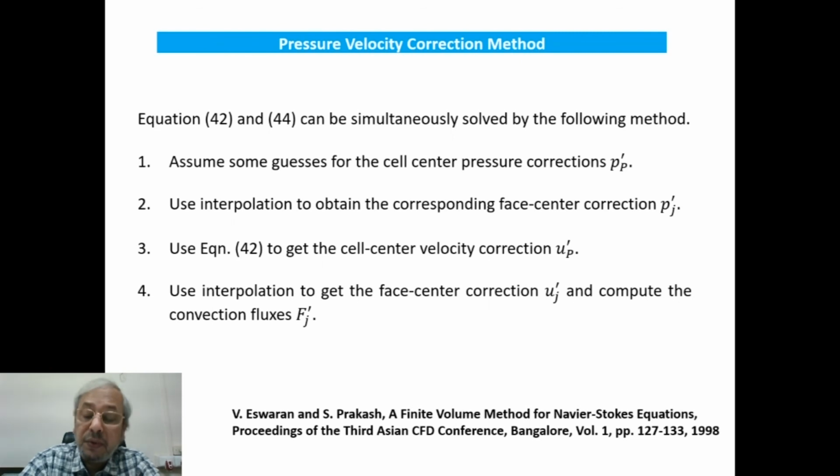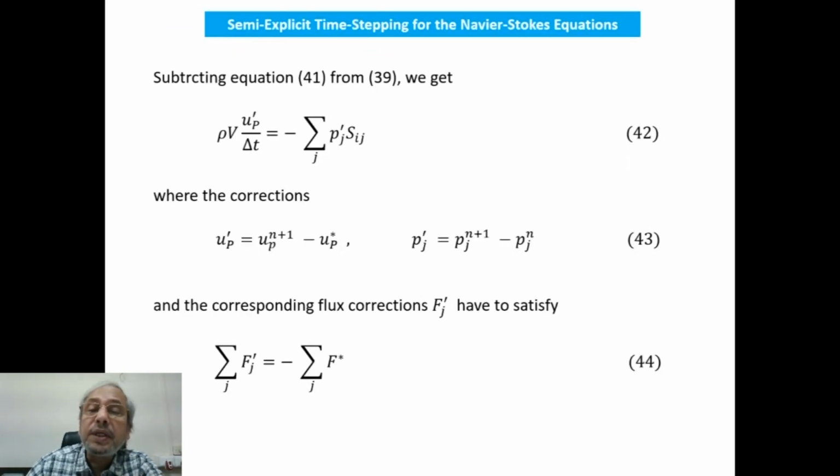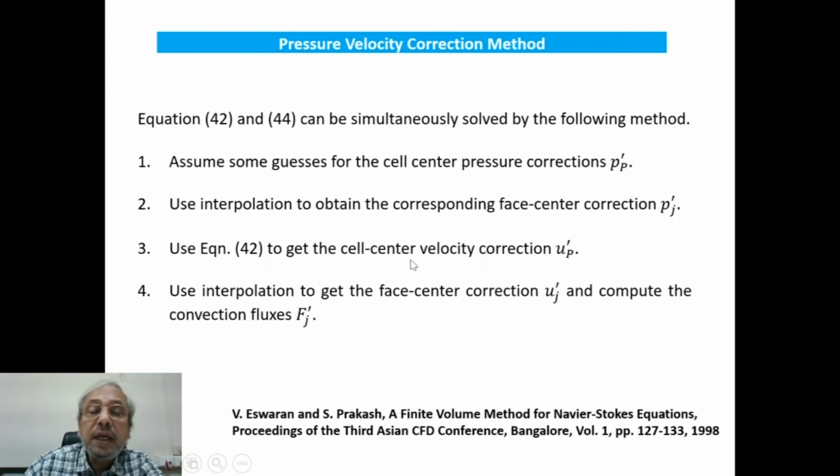Use equation 42, that means this equation, to get cell center velocity corrections. Use interpolation to get then face center velocity, face center flux correction, and compute the convection flux correction rather, Fj prime.